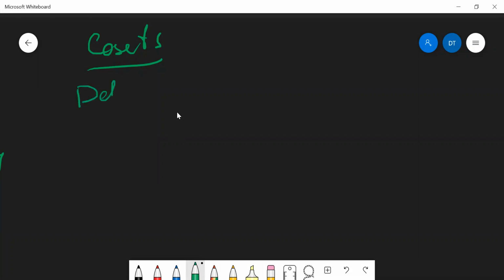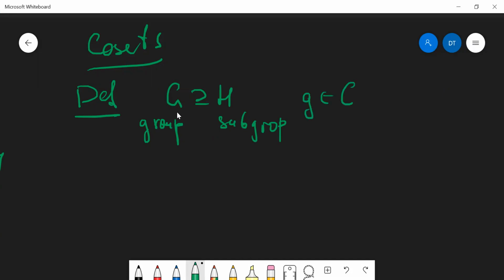Definition. First of all, we want to specify the context. We're given a group G and a subgroup H. Now we need an element g from the whole group, the larger one.